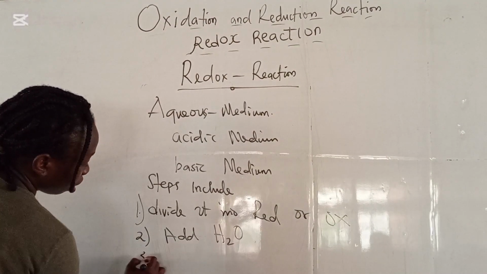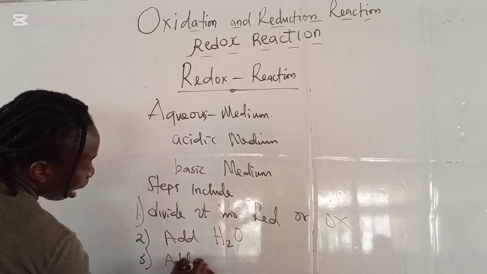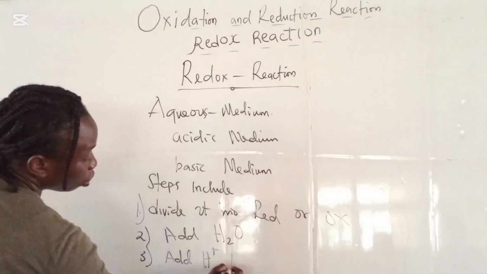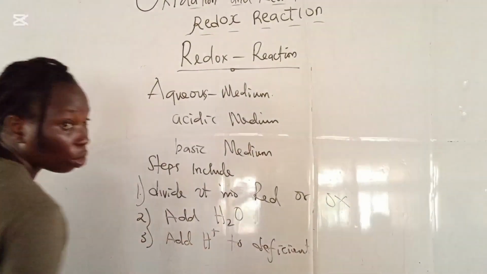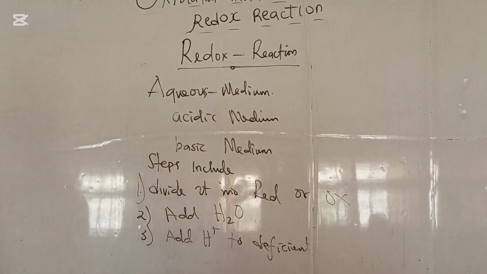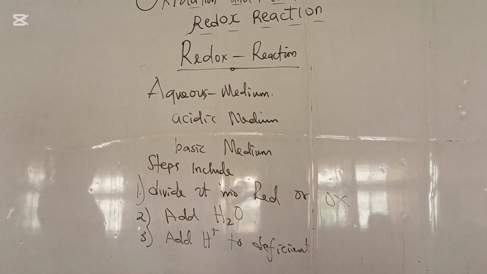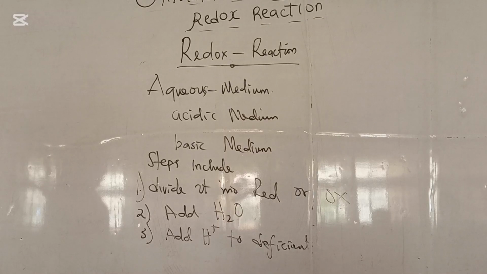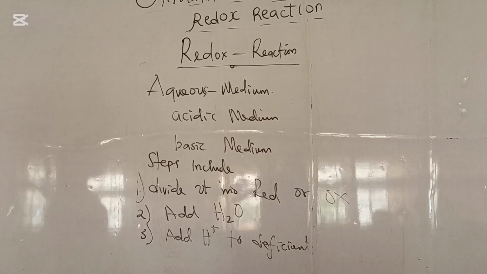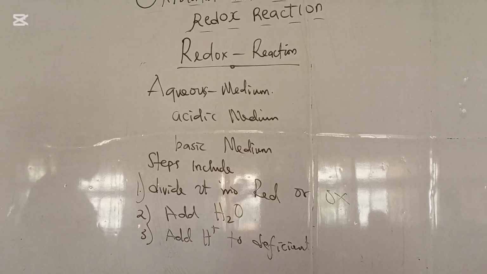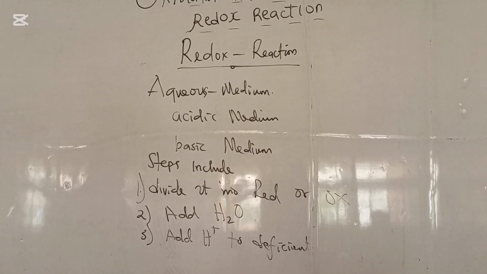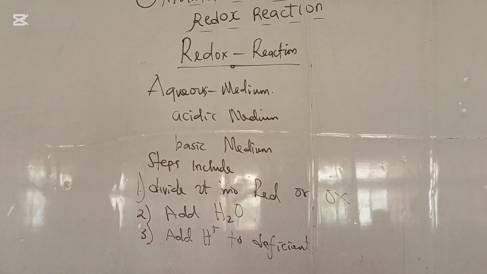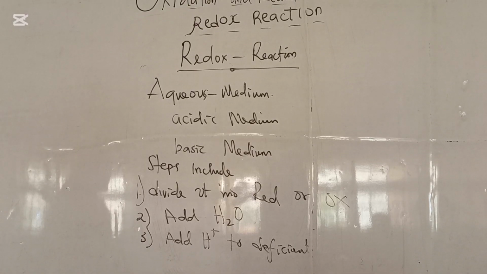And number 3 is to add hydrogen ion to the deficient side, that is, the side that doesn't have much hydrogen. And number 4 is to balance the charges by adding electrons to the appropriate side of the equation.